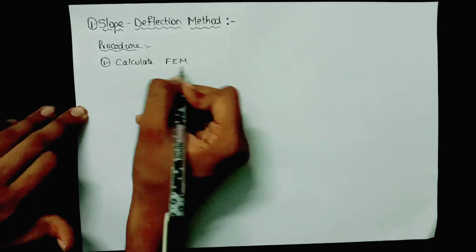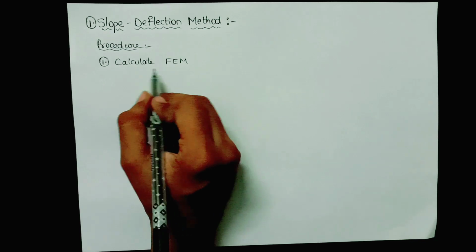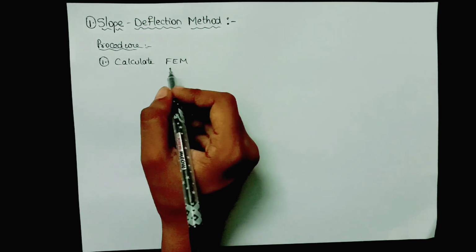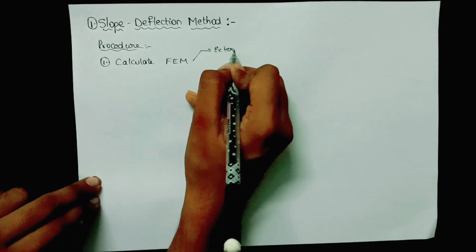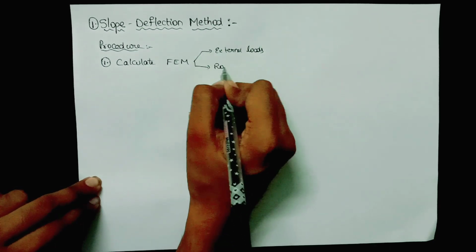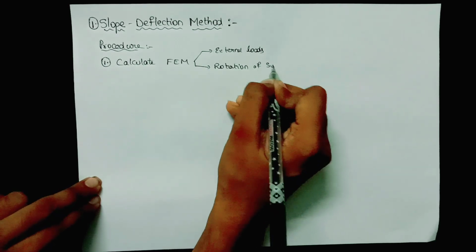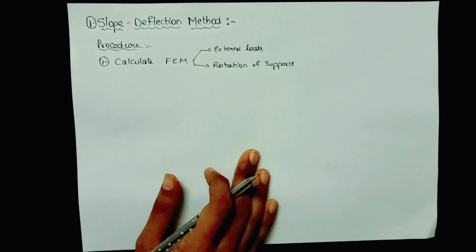I am writing FEM, that means fixed end moments. The fixed end moments are calculated based on the given external load conditions. The fixed end moments may be due to the external loads, or due to the rotation of supports or the sinking of supports.